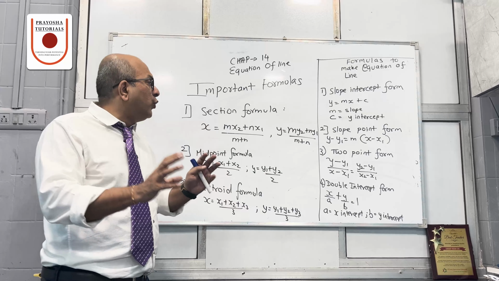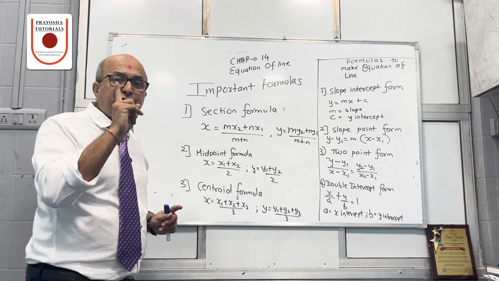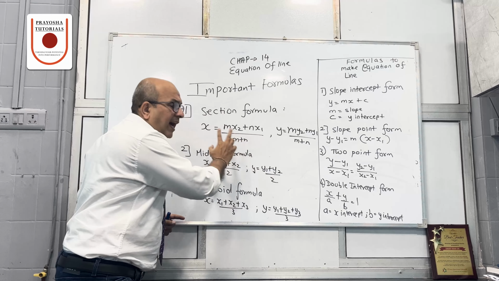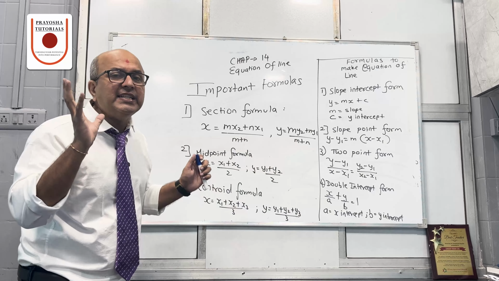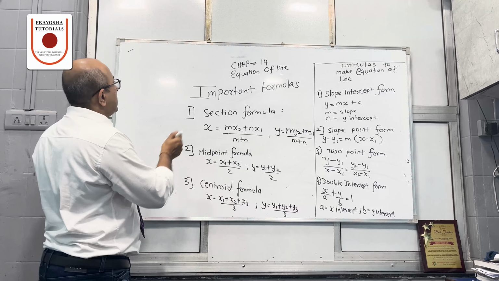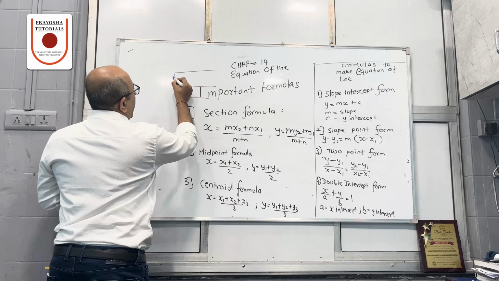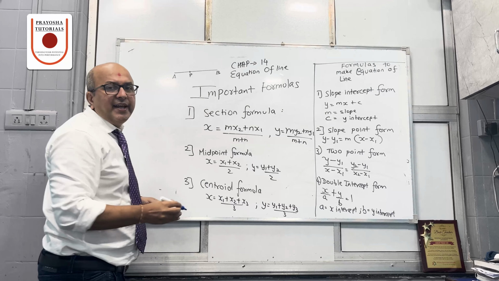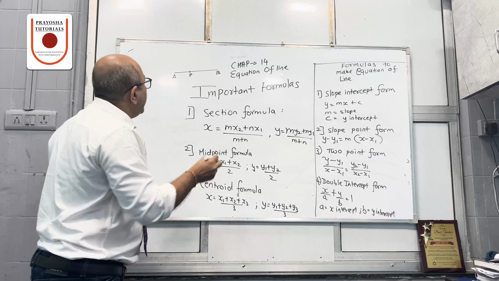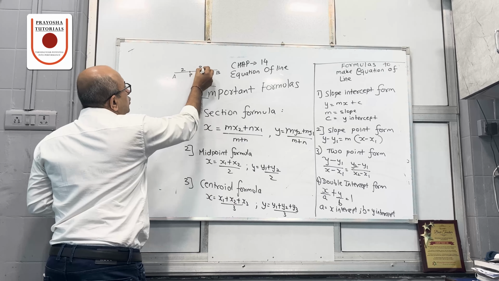Now, I would like to tell you what this m and n are. First, m and n are the ratios in which a point divides the line segment. Let's understand this. There is a line AB, and point P is dividing line AB in the ratio 2:3.